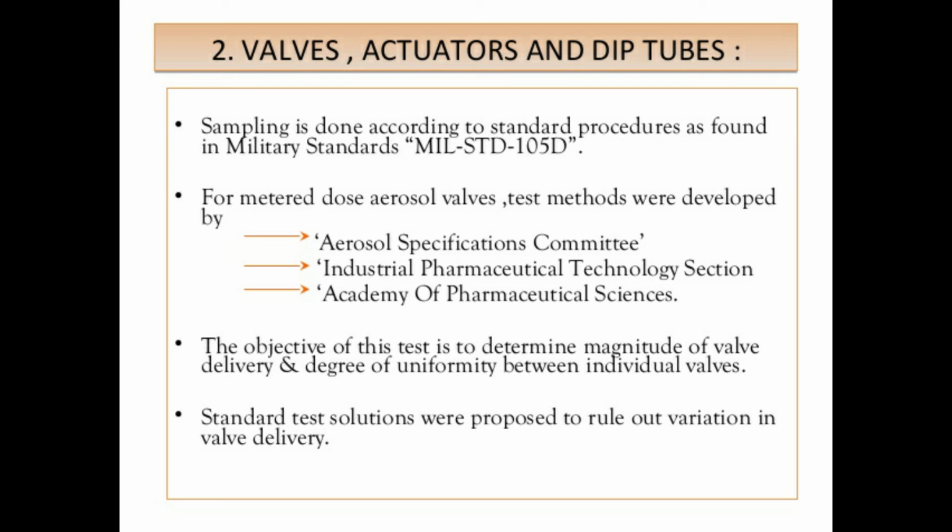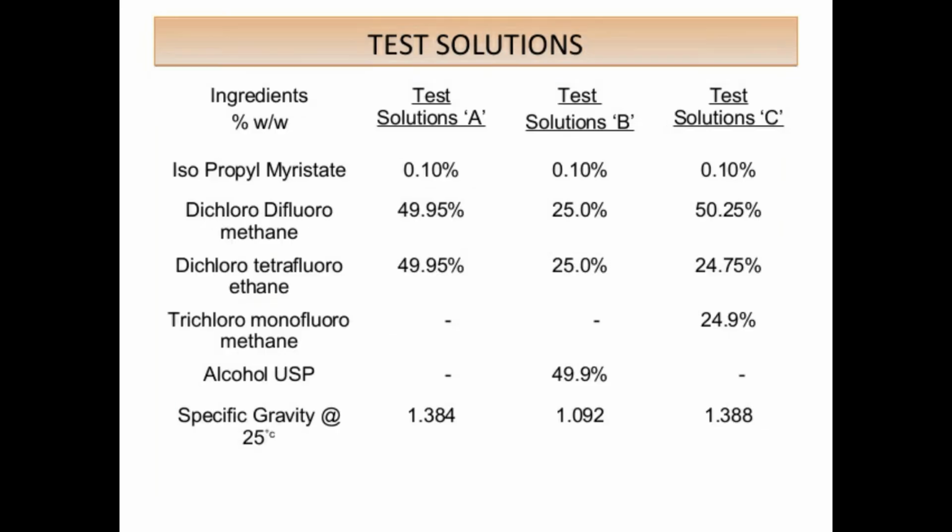For metered dose aerosol valves, test methods were developed by the Aerosol Specifications Committee, Industrial Pharmaceutical Technology Section, Academy of Pharmaceutical Sciences. The objective of this test is to determine the magnitude of valve delivery and the degree of uniformity between individual valves. Standard test solutions were proposed to rule out variation in valve delivery.